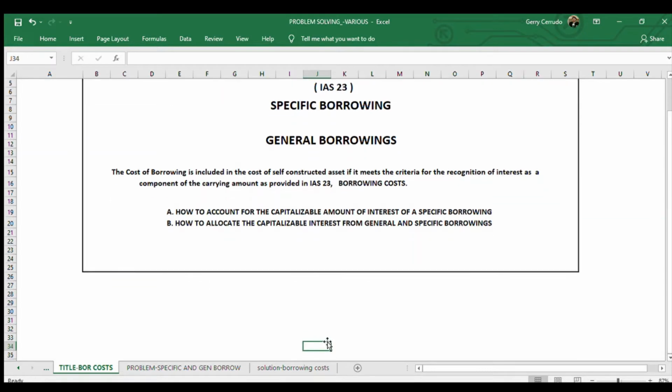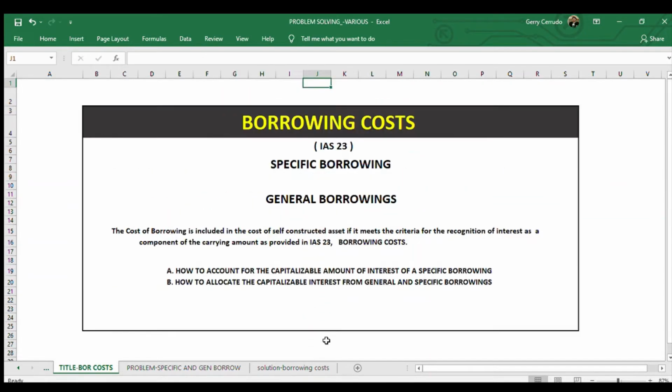Okay, so let's see the problem for the borrowing cost.